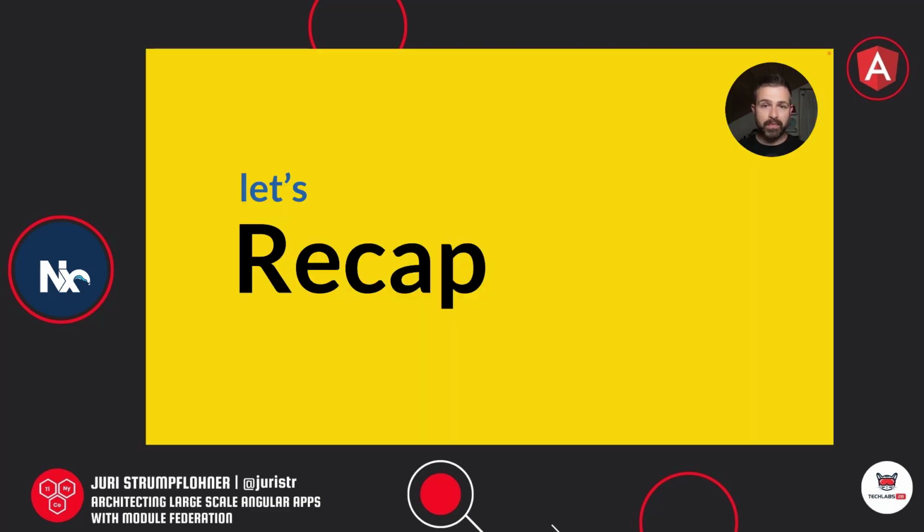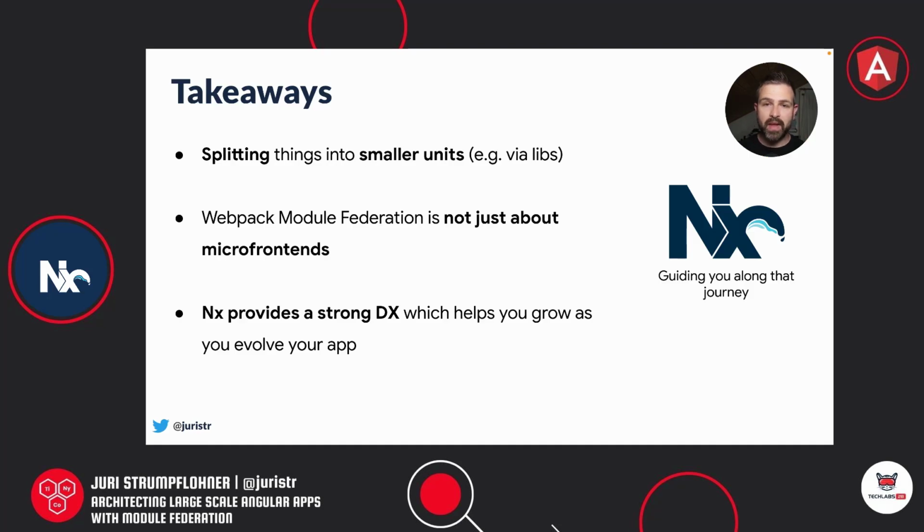So to recap, what we've seen today is that splitting things up into smaller pieces can help you become faster, because you can apply the affected commands that NX provides, and the more fine-grained caching layer can help speed things up. Also, by now you might notice that Webpack module federation might not just be for developing microfrontends.